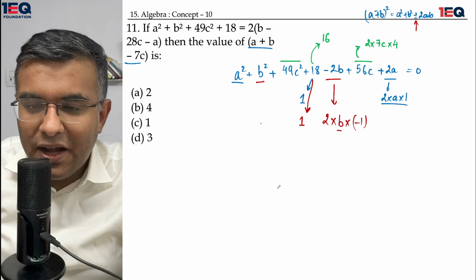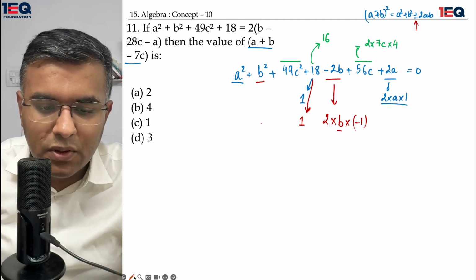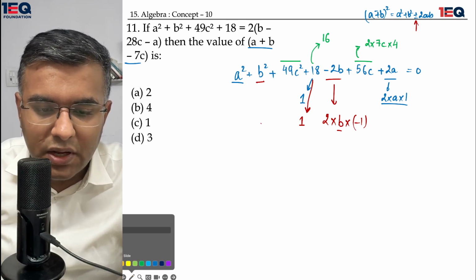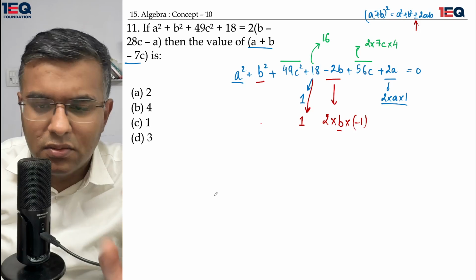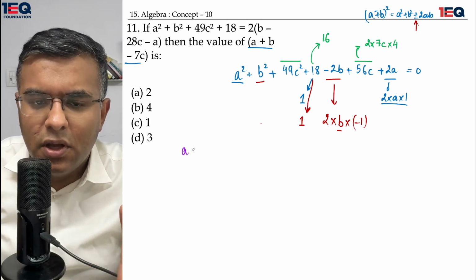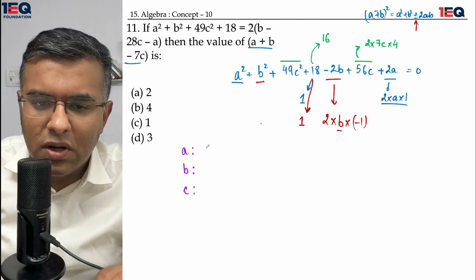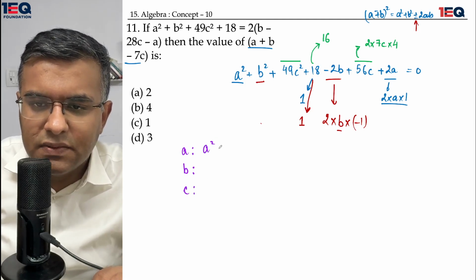Now I'll write all of them together so as to help you understand what I was talking about. Okay, let me use a magenta pen for that. I'll write down the equation of A in one place, the equation of B in one place, and the equation of C in one place. What does A stand for? A stands for A square plus 1 plus 2A.